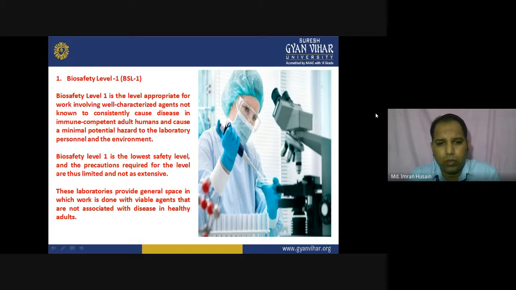These laboratories provide a basic space in which work is done with viable agents that are not associated with disease in healthy adults. Agents worked upon are mostly non-pathogenic strains of E. coli, because sometimes students make mistakes, so it will not prove lethal for them.